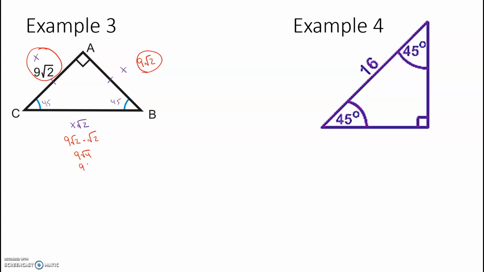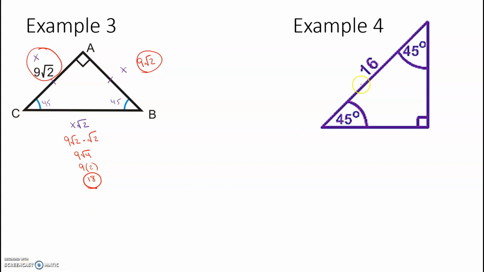The square root of 4 is 2. 9 times 2 is 18. And again, I just wanted to show you all the work so that way you have it in your notes. But your hypotenuse is going to be 18. So AC is 9 root 2, AB is 9 root 2, and BC is 18.